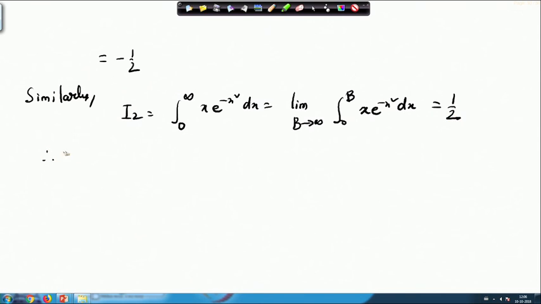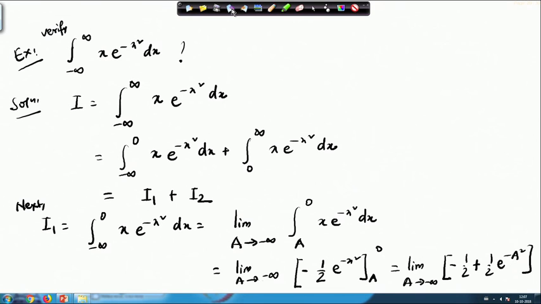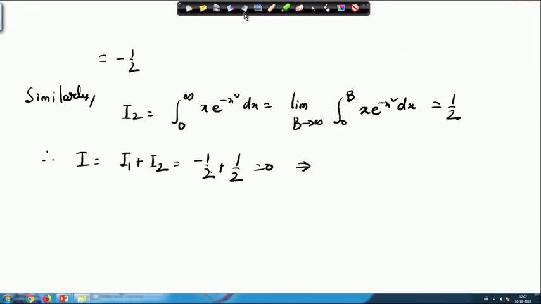Therefore, our capital I is basically I1 plus I2. Now, I1 is minus half and I2 is half. So, ultimately the value is 0. That means the value of this integral is nothing but 0, and since 0 is finite, we can say that I is convergent, or the integral I exists.